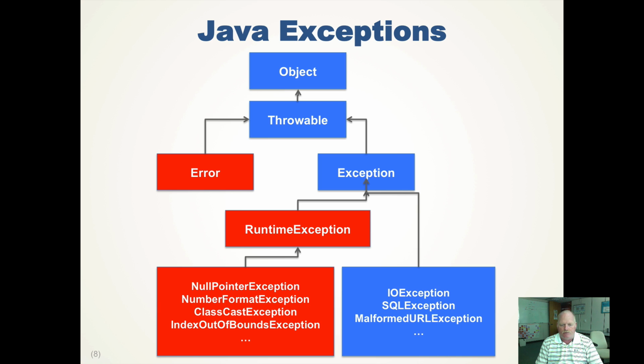If your code throws a checked exception, the method must declare that it can throw this type of exception. Any method calling your method must wrap that call in a try-catch block or declare that it can throw the exception. So this is an example of a Java class hierarchy.